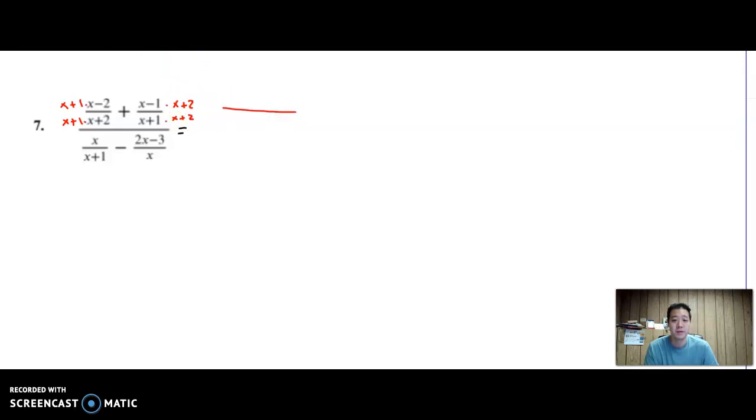So then what I end up with is x plus 1 times x minus 2 plus x minus 1 times x plus 2. On the bottom, this needs to be multiplied by an x on the top and bottom.